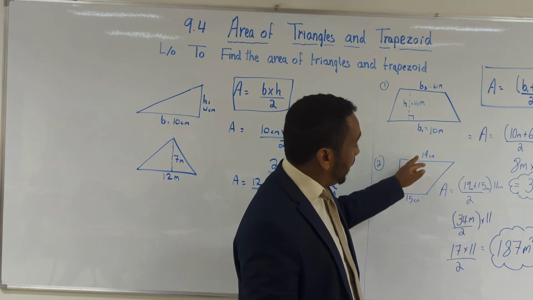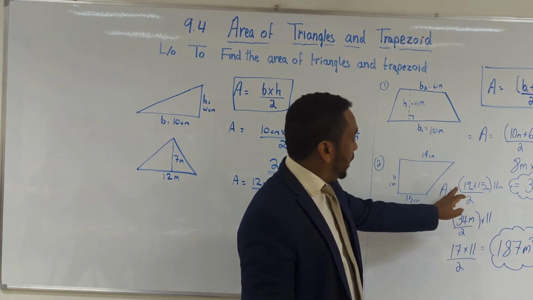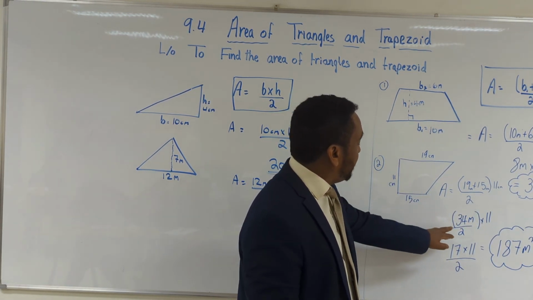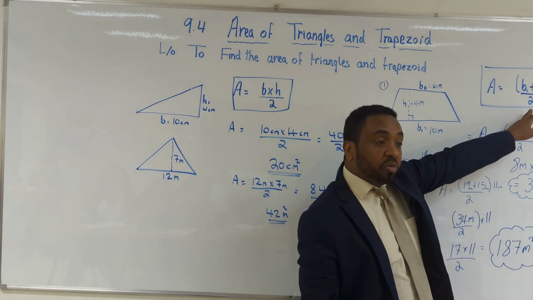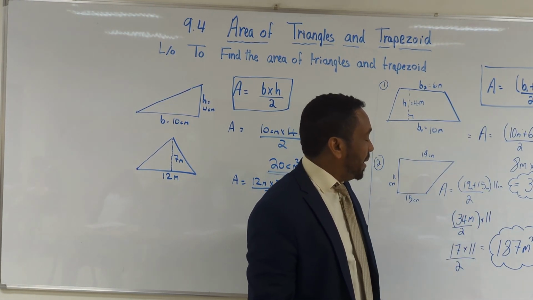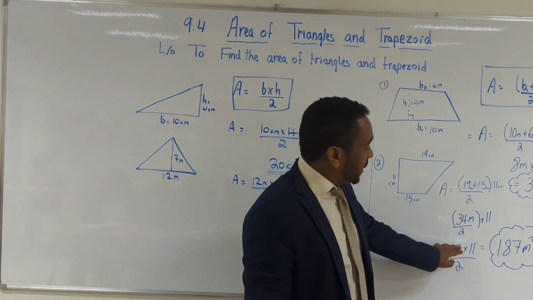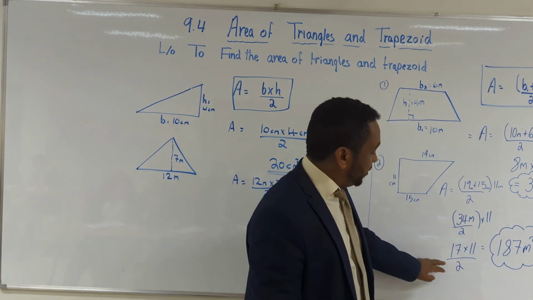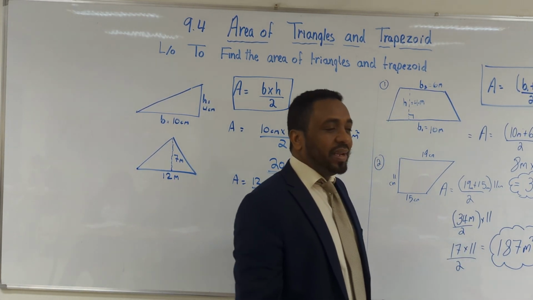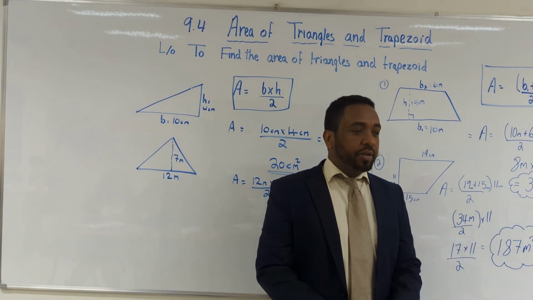A plus B, 19 plus 15, that will give you 34. 34 divided by 2, because the formula says you have to divide by 2, and then whatever you get, you have to multiply by 11. So here you have 17 times 11, which will give you 187 meters square. Does that make sense, girls?